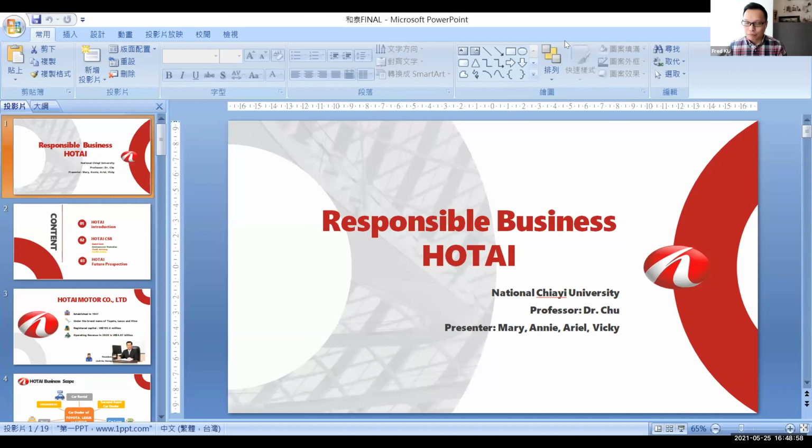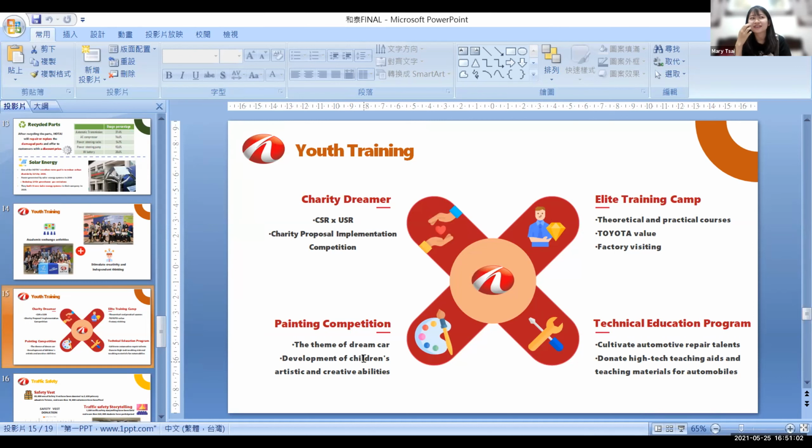They make the competition connect with the children and make children have this concept to plan their dream car, and they can know more about Hetai, not just maybe their parents buying a car. So children can know Hetai's business. So one of the innovations they do in youth training is the painting competition. Okay, thank you.